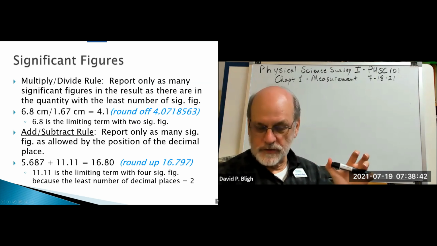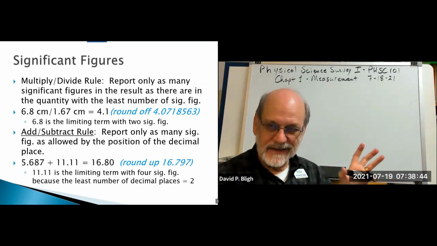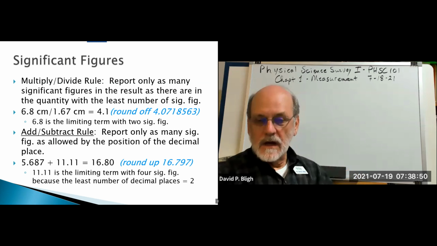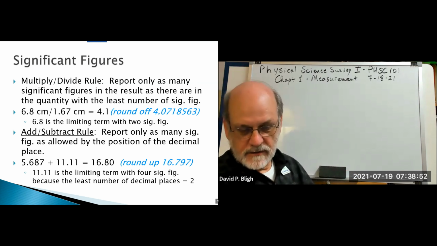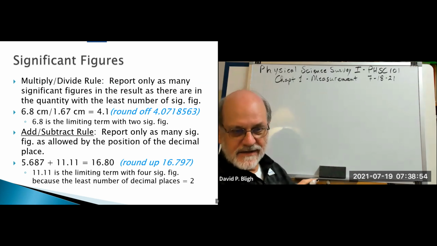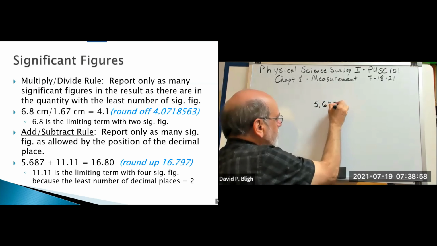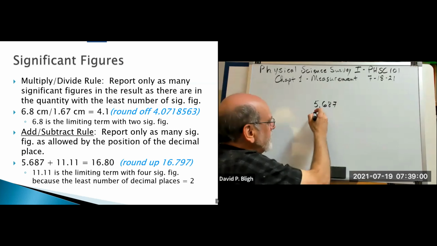Add, subtract rules. Add, subtract are a little more difficult. When you add and subtract 2 numbers together, you line up the decimal points. Here's 5.687. And we're going to add 11.11.